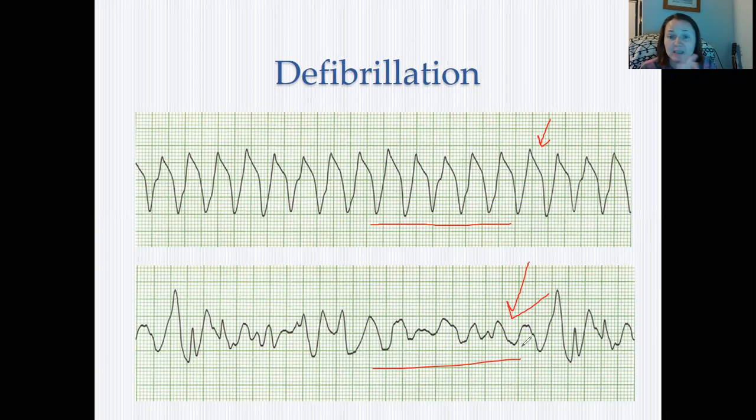So asystole and PEA cannot be defibrillated. Only VTAC and VFib are shockable rhythms. So what is the priority for somebody in VFib or pulseless VTAC? The priority is defibrillation. That's what's going to get that rhythm back into a normal pattern.